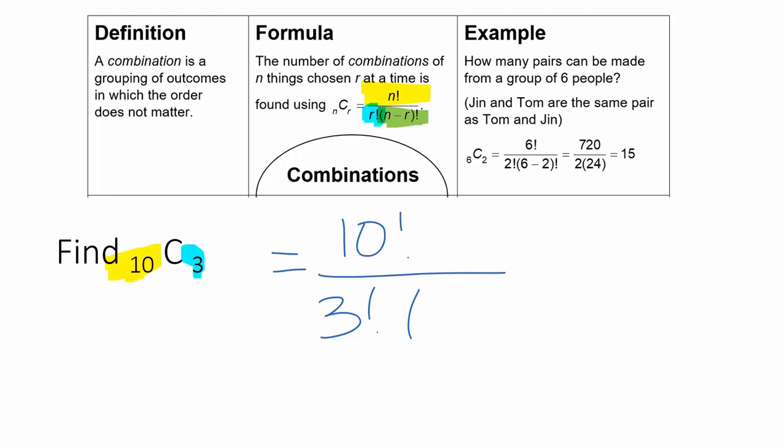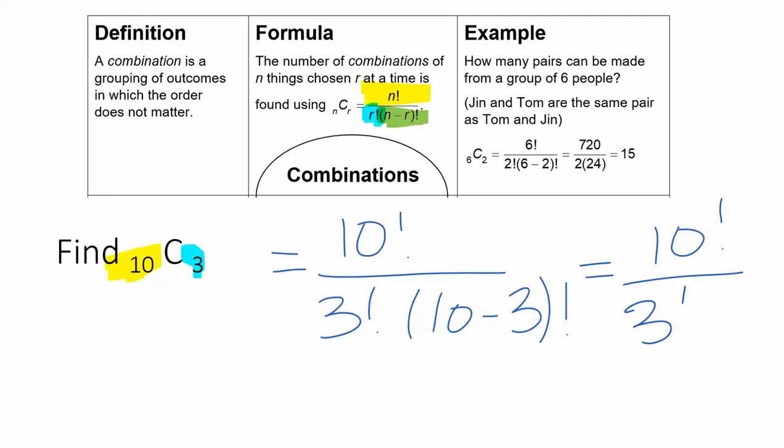So n minus r means we're going to subtract 10 minus 3, and that is also factorial. So simplifying this down a bit, that gives us 10 factorial divided by 3 factorial, 7 factorial.